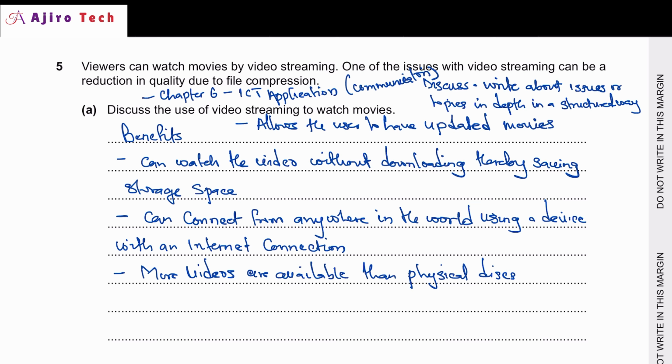The first 4 episodes of Wednesday are out, so you can have updated movies. If new episodes are coming out before the physical stores have the discs, you already have the movies or the TV series on the internet.